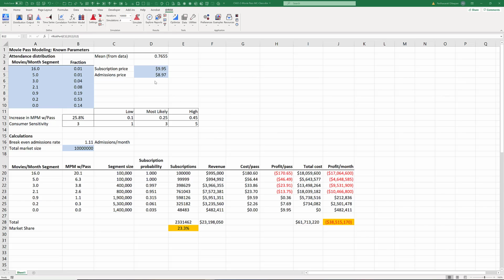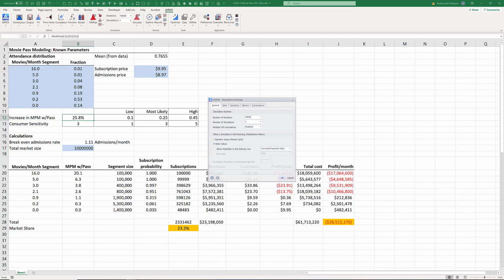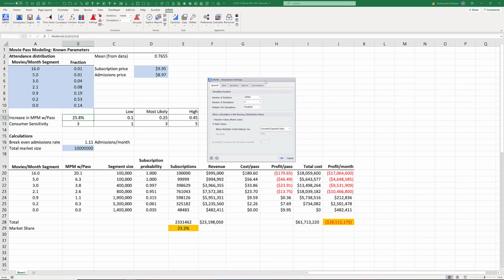Now we are ready to run the simulation model. Let's say that we want to run 10,000 simulations. Replication is 10 and we want to run it one time. We can go into settings and set some values here.